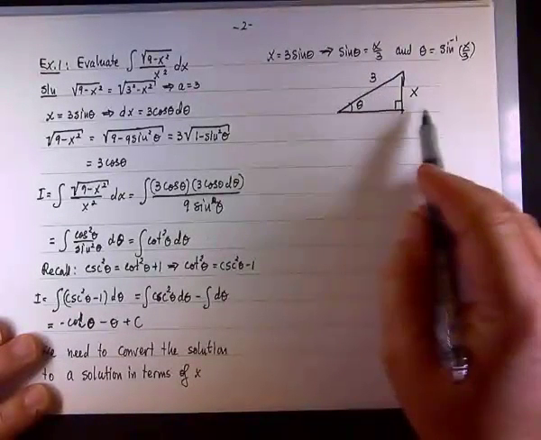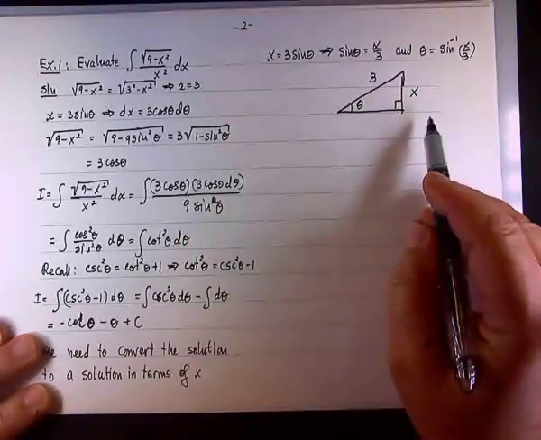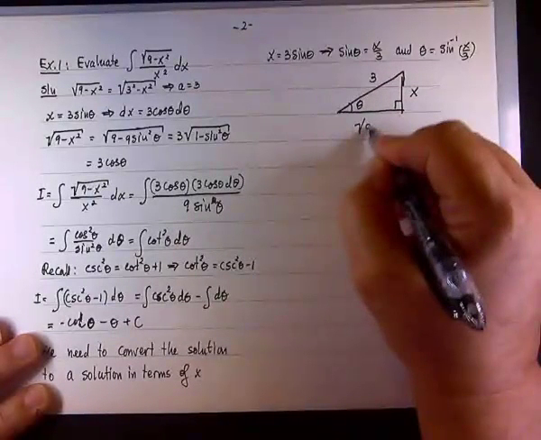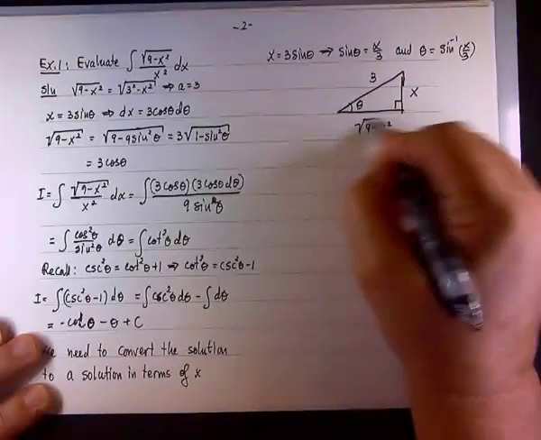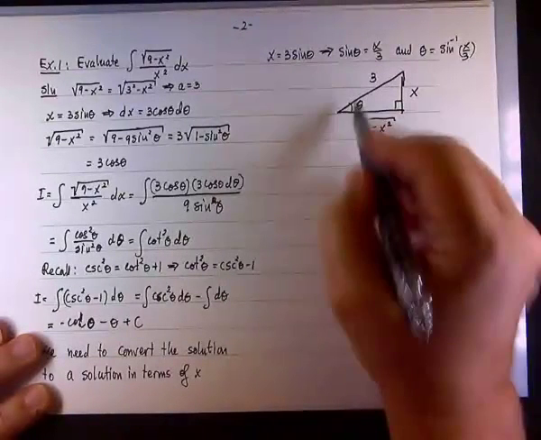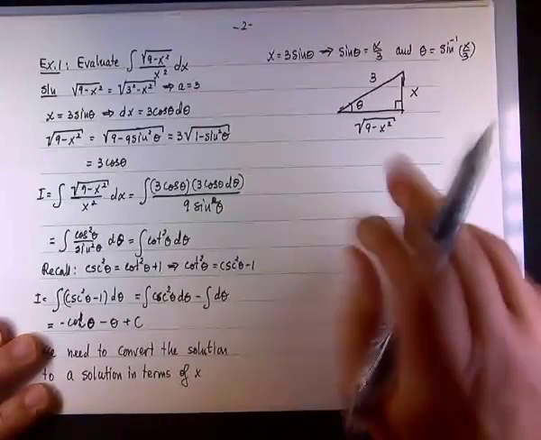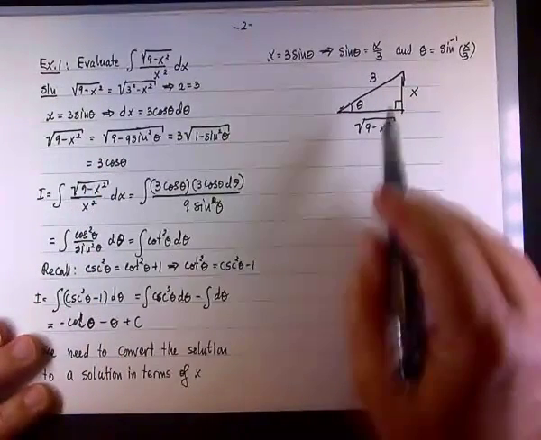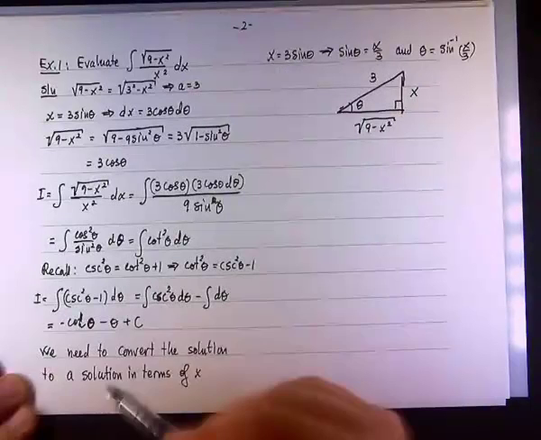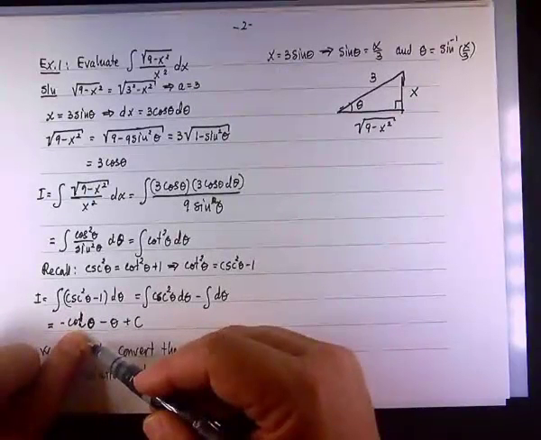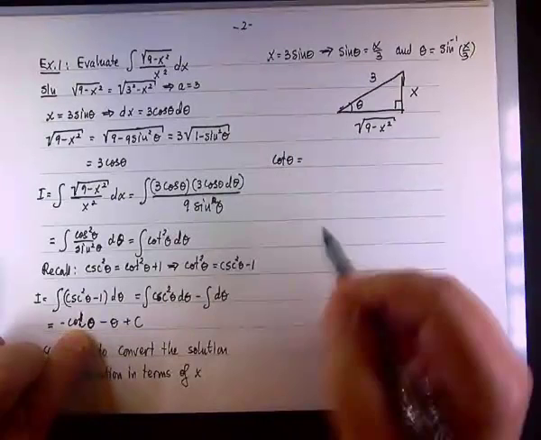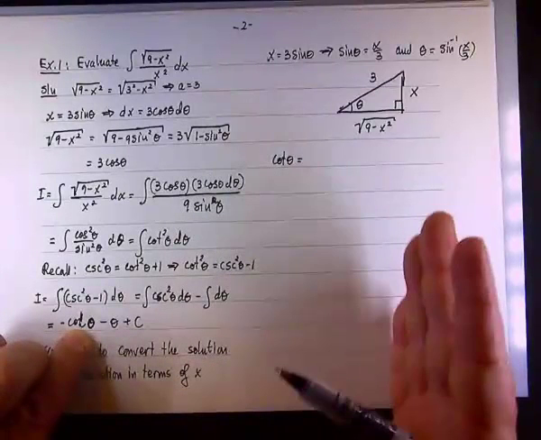Well, the sine is opposite over hypotenuse, so put x opposite, put 3 as the hypotenuse. Now, the adjacent will be the square root of the hypotenuse squared minus opposite squared. So it will be the square root of 3 squared, or 9, minus x squared.